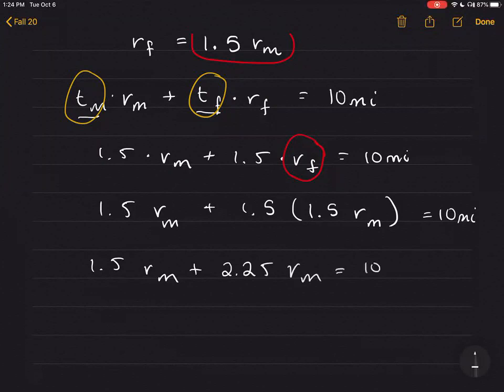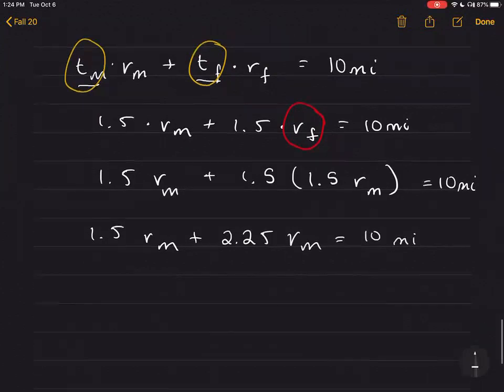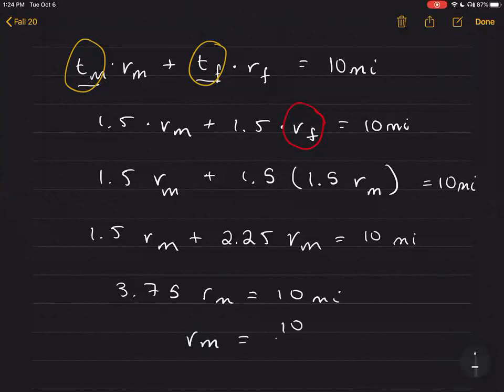RM equals 10 miles. And then we add these together, we get 3.75 RM equals 10. And then divide on both sides, we get the rate is going to be 10 over 3.75 miles per hour.